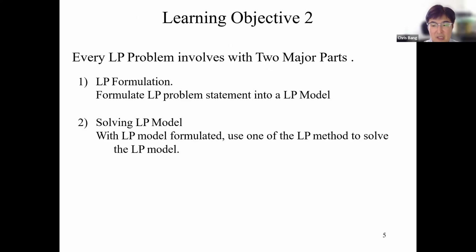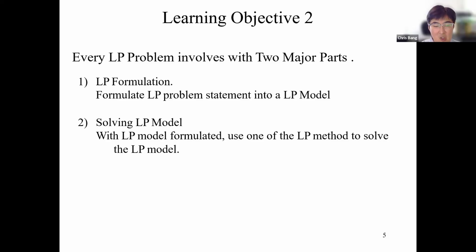Every LP problem involves two major parts. First, formulation, which means converting the written problem statement into a mathematical model. The second part is solving the model using an LP method. In other words, we first build the model carefully, and then we solve it.